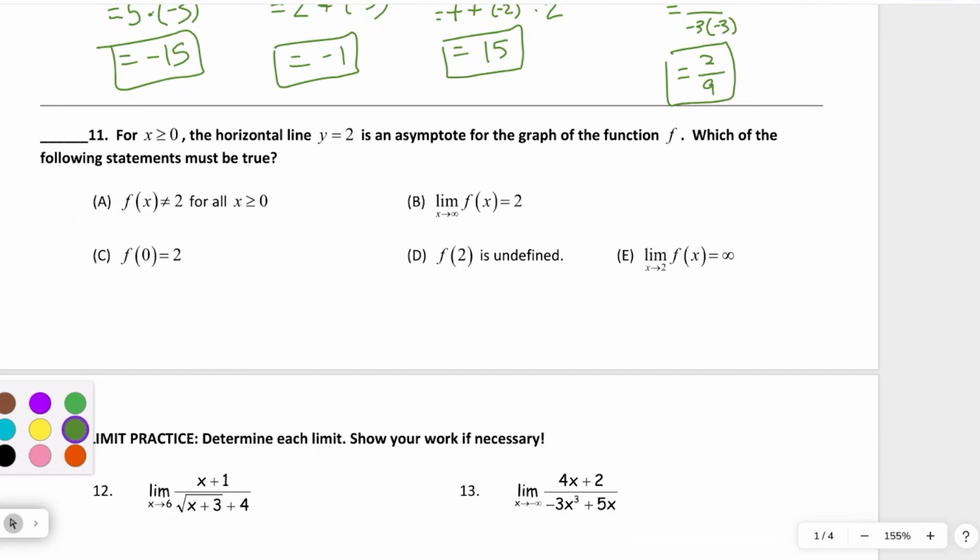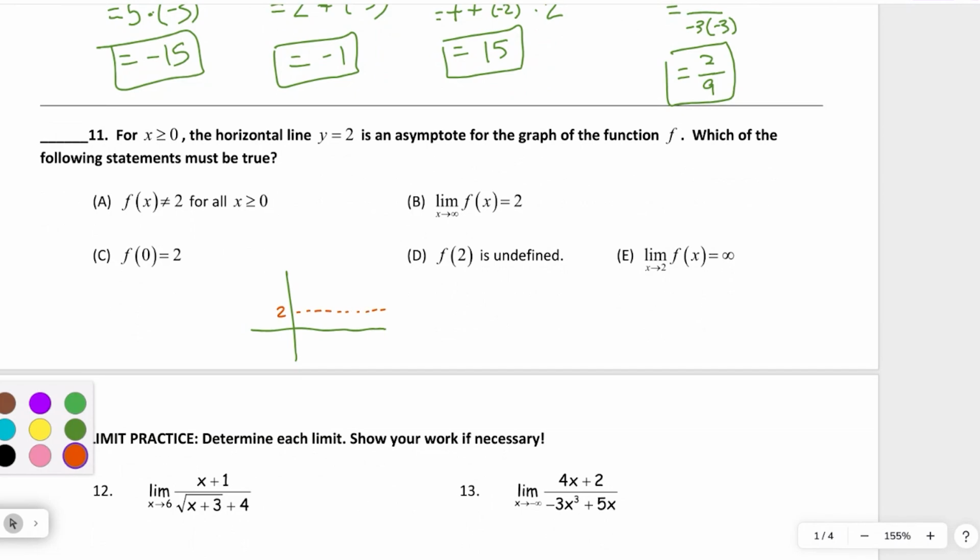For number 11, it says, for x greater than or equal to 0, the horizontal line y equals 2 is an asymptote, that is a horizontal asymptote, for the graph of the function f. Which of the following statements must be true? So all we know is that on the right-hand side of 0, we've got an asymptote at y equals 2.